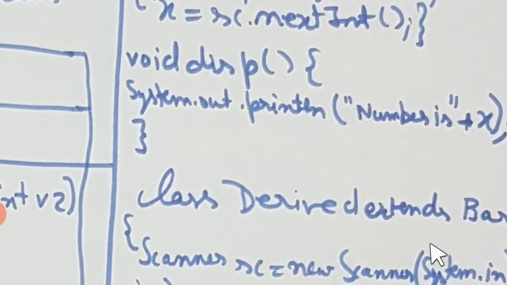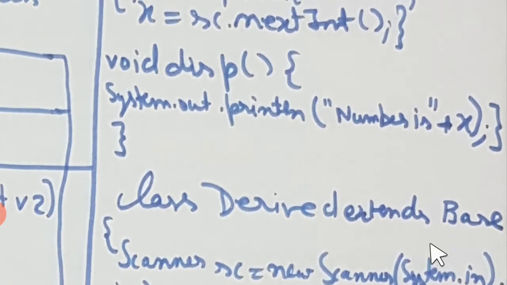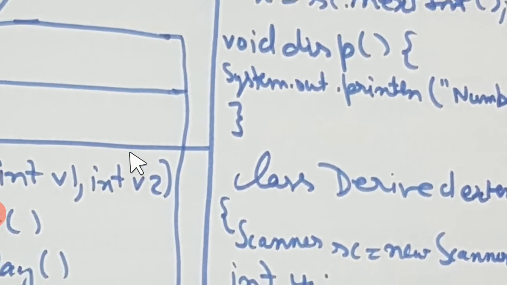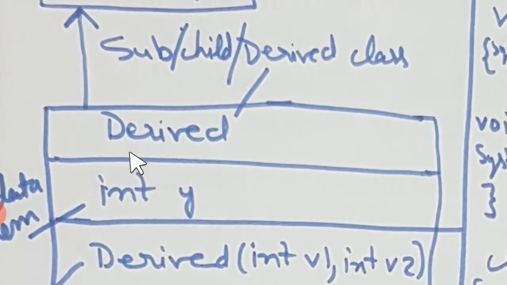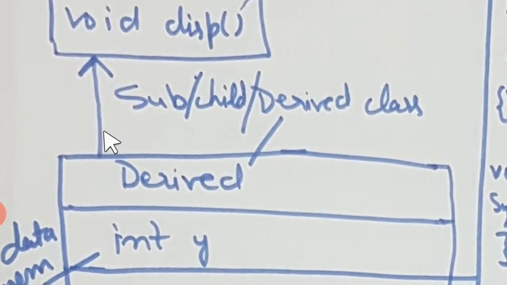Now this was the detail for the base class. So this is the closing of the function disp, and now this is the closing for the base class. Now we go for the derived class. This is the relation of inheritance which has been shown here with this upward arrow, meaning derived belongs to the base class.